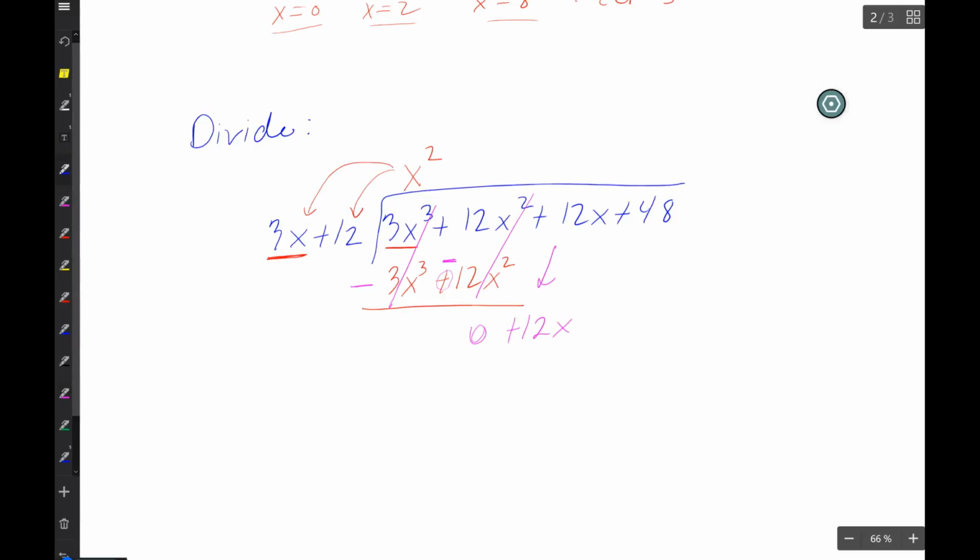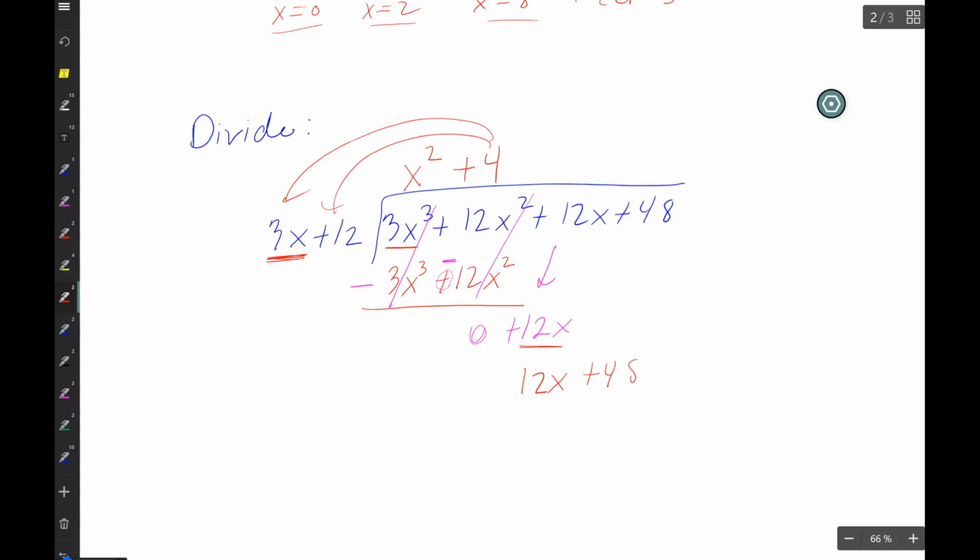And then the process really just starts over. You ask what times 3x equals 12x? 4. And then we do what with the 4? Yep, distribute. Distribute this guy to both of these. So we have 12x, and then distribute the 4 times 12 plus 48.